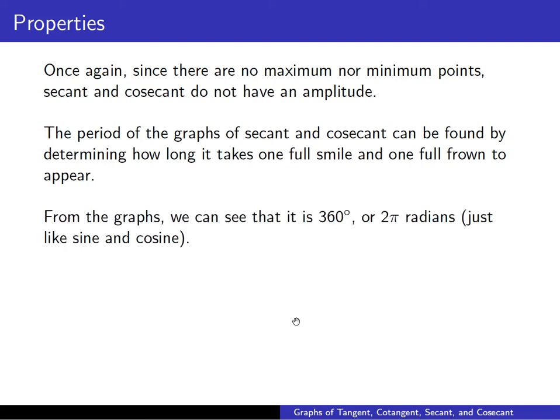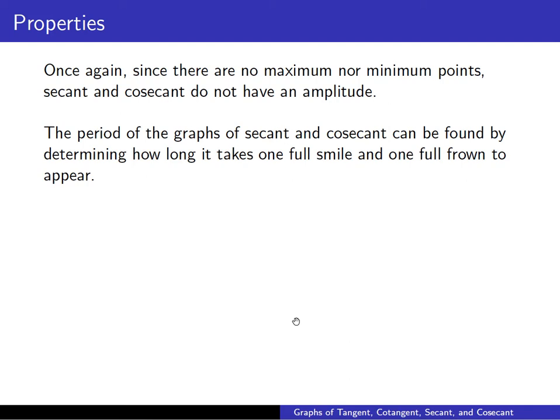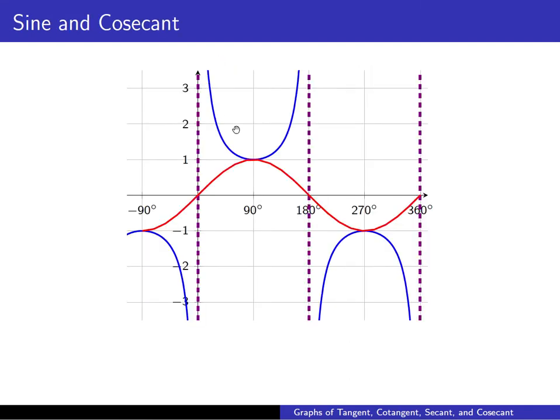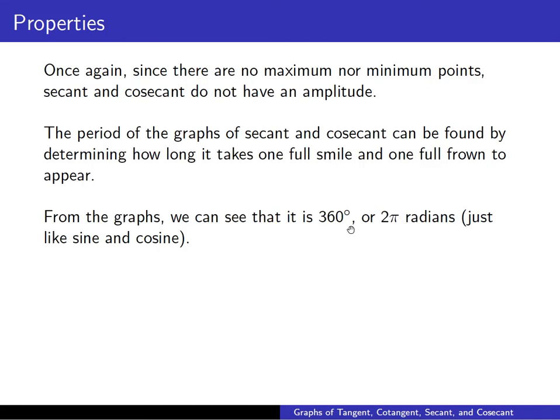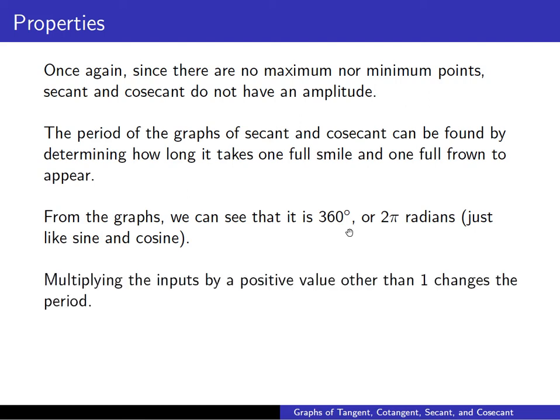From the graphs, we can see it's 360 degrees or 2 pi radians. So one full smile, one full frown from 0 to 360. Everything has 360 degrees or 2 pi for the period except tangent and cotangent. They have 180 degrees or pi radians for their period.